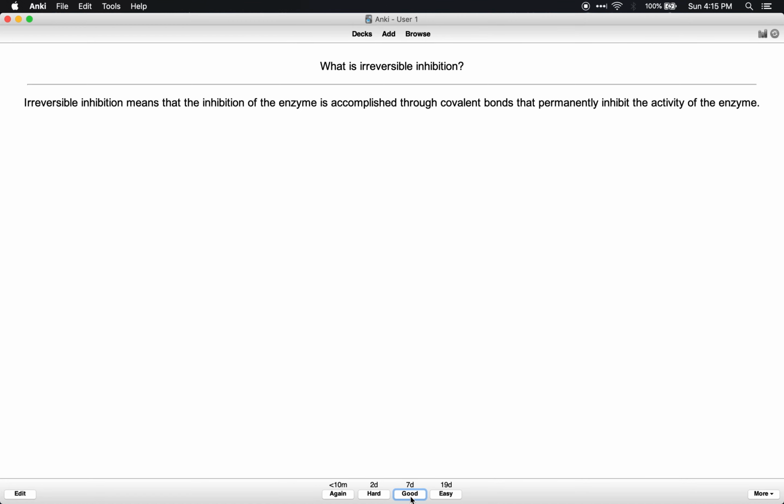Irreversible inhibition. I totally forgot the inhibitions. Binding of this inhibitor to an enzyme renders it completely useless. It basically changes the conformation of the enzyme so it can't bind any more substrate. Oh. Covalent bond.